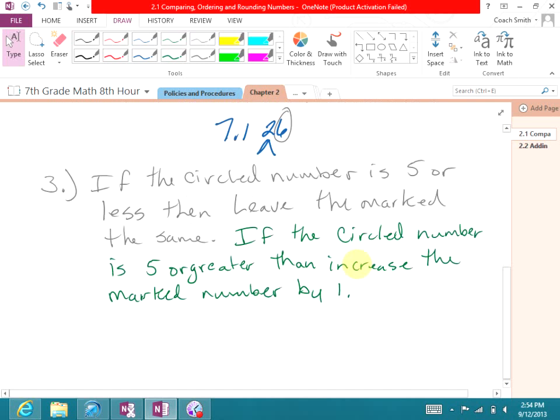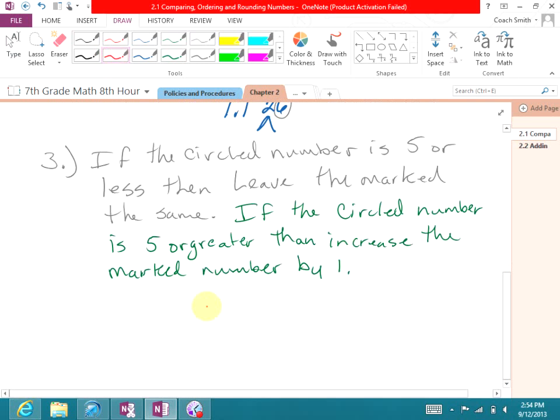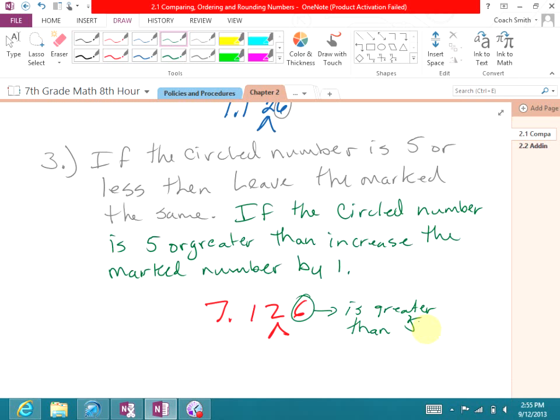Okay, so in our case of 7.126, we mark that number, we circle the number to the right. The 6 is greater than 5. Okay, it's greater than 5.